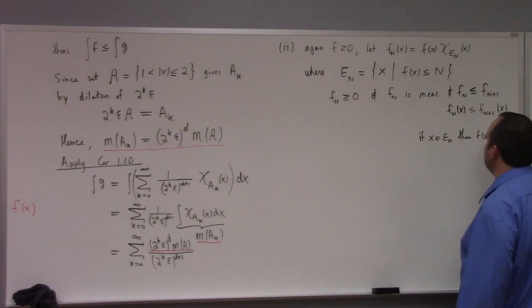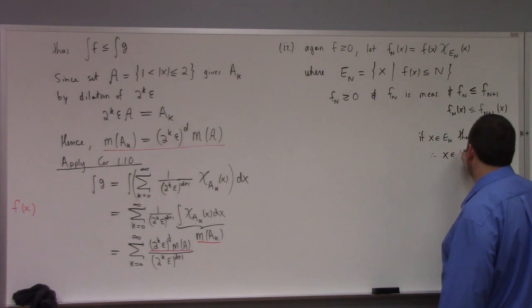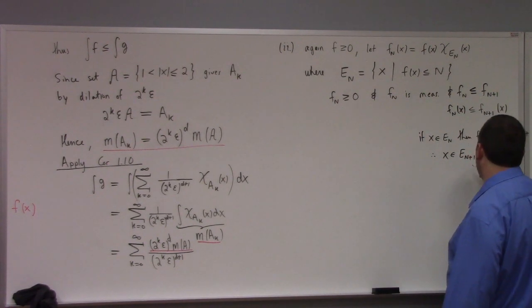So then f of x is less than or equal to n, which is less than n plus 1. So therefore, x is an element of En plus 1, yeah?